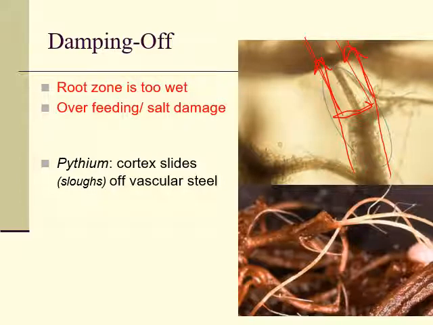So if you grab a root, down here you can see there's a hard break. If you grab this outer root and you pull, it actually sloughs off and leaves the stele behind. So in here, this is the vascular stele, the phloem and xylem bundle. So that's a quick way to diagnose Pythium infection in your crop. So can you slide off the outer cortex and leave behind the vascular stele or cambium?